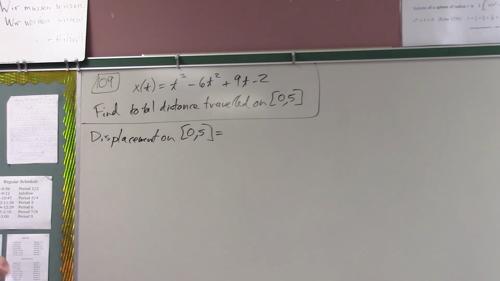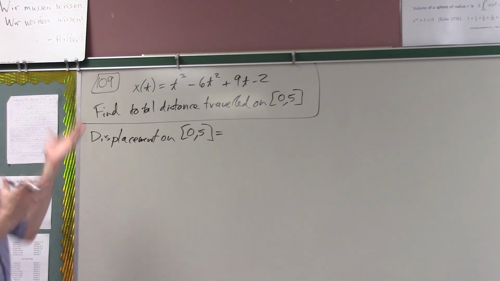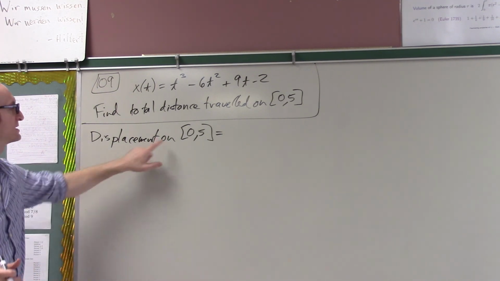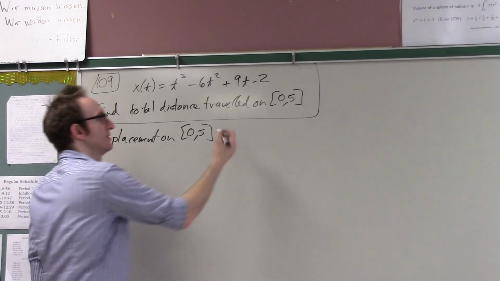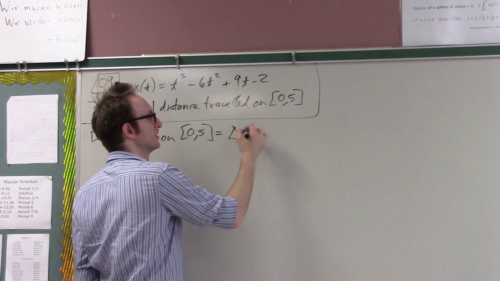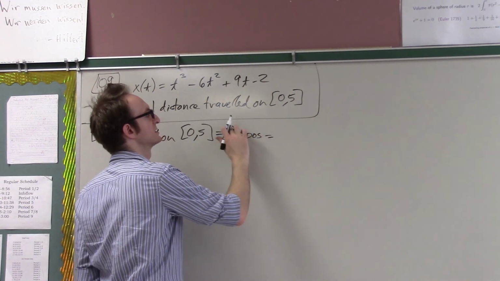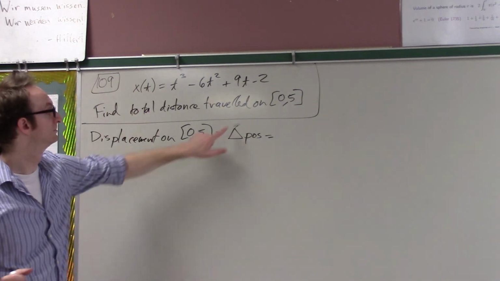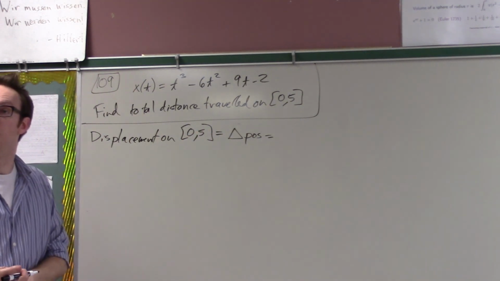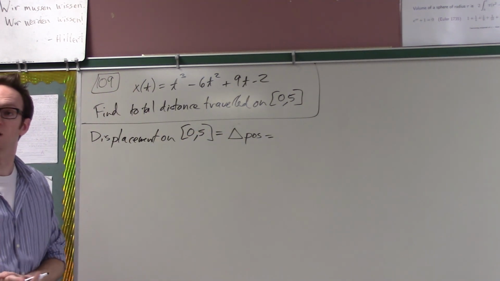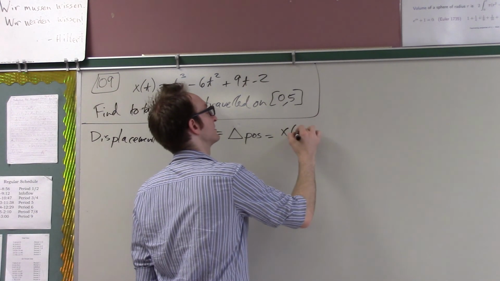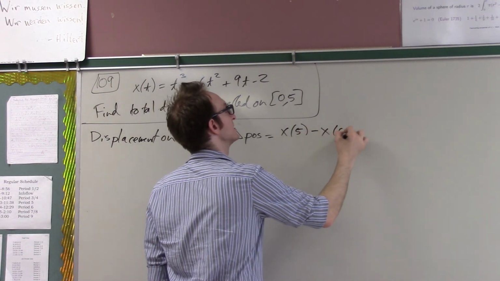Now we want to find the distance traveled, but also the displacement. The displacement is actually the easiest one. This is just the change in position. In other words, x of 5 minus x of 0.